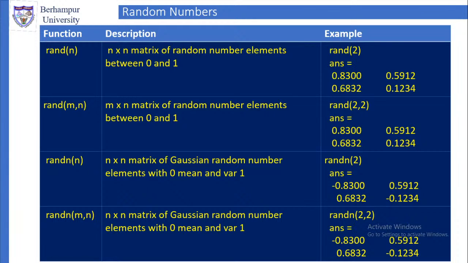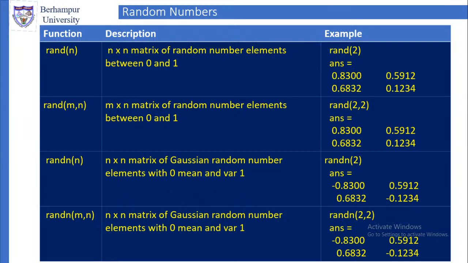The difference is that rand gives numbers between 0 and 1, whereas this has 0 mean. 0 mean means it can be negative and positive. You can see that in this example we have got a few negative numbers and a few positive numbers. The mean of those numbers will be 0 and the variance is 1.